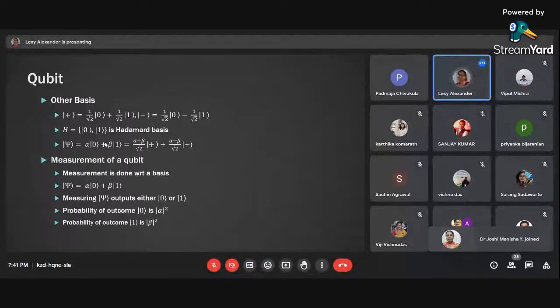So when you measure along ket 0, you will get the output ket 0 with probability equal to its amplitude squared. Its amplitude is alpha here, so mod alpha square. For complex numbers, you have to take mod alpha square. The probability you will get ket 1, whose coefficient is beta, is mod beta square.